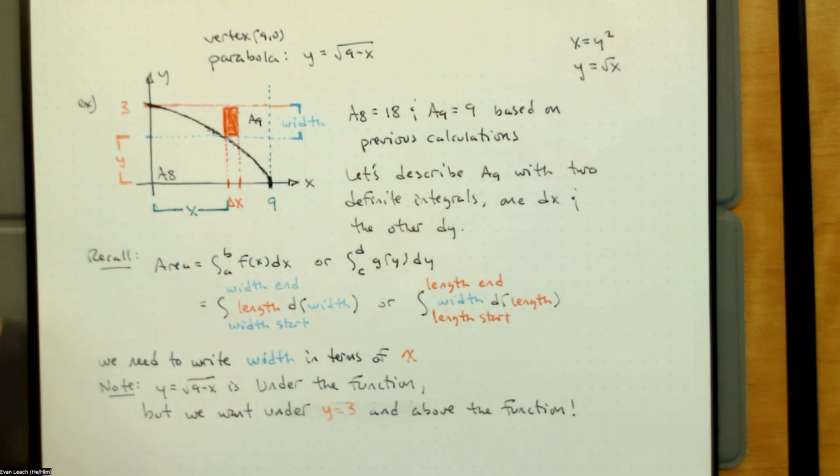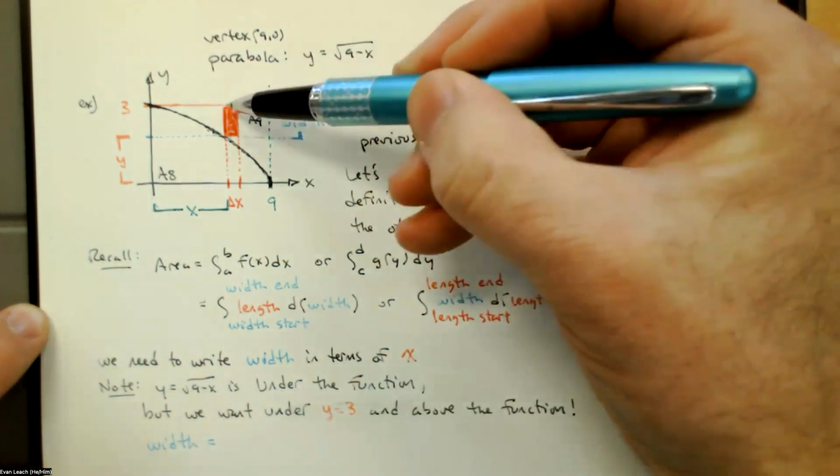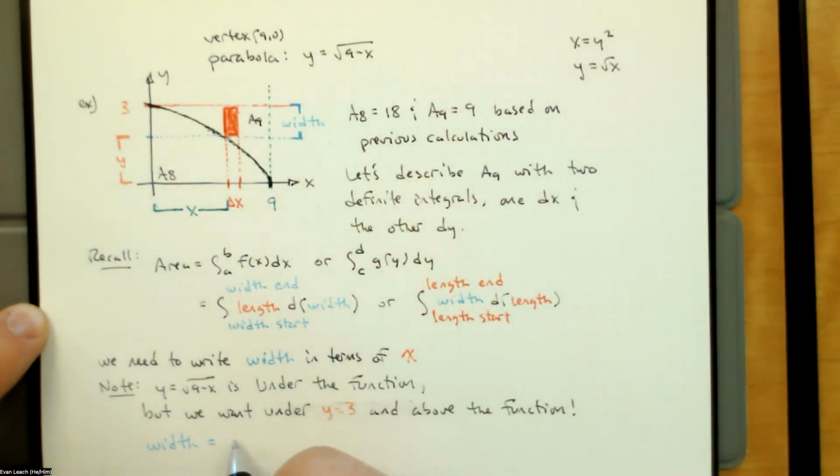So we're going to say that the width is going to be 3 minus the function. I'm going to do it in the y color, I guess, orange today.